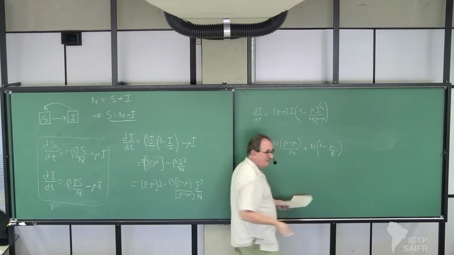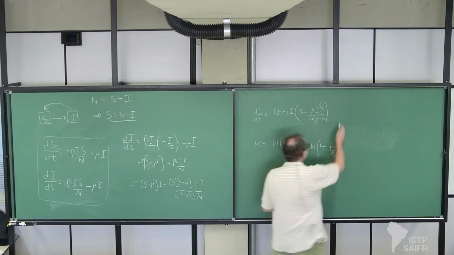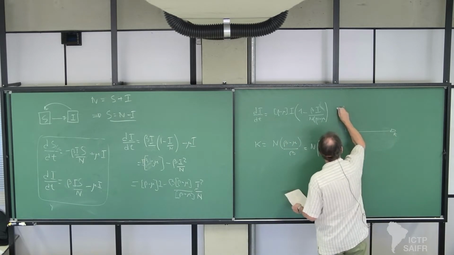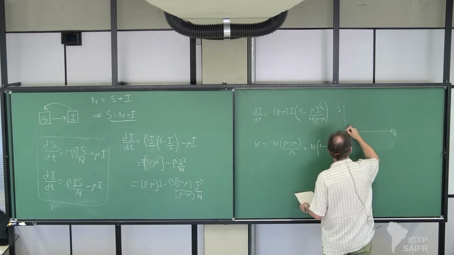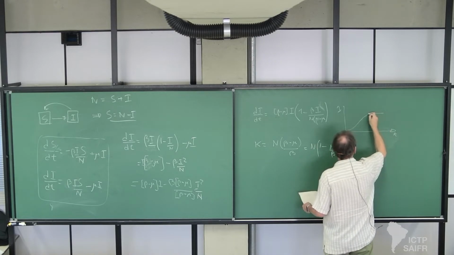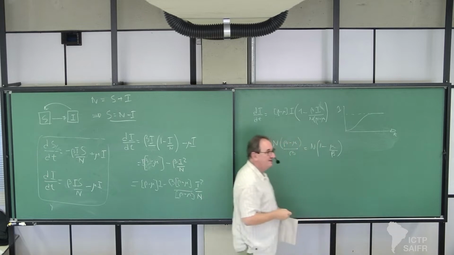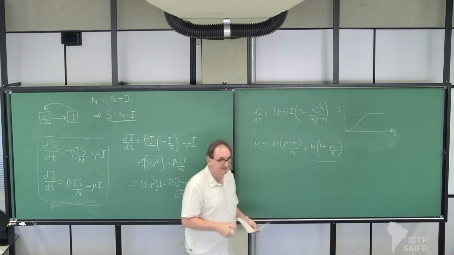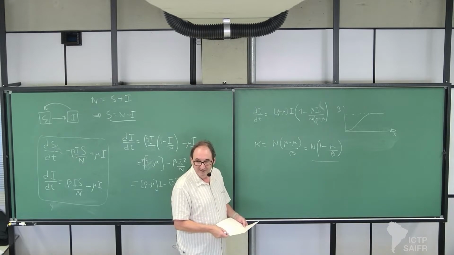That's the carrying capacity. And the dynamics is just like this in time. This is I. It will start and then go to a fixed point, and the fixed point is given by this. That's the carrying capacity.